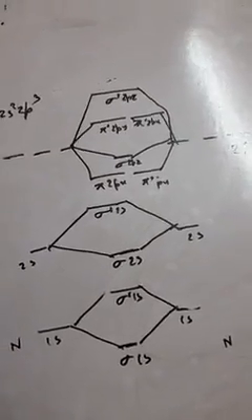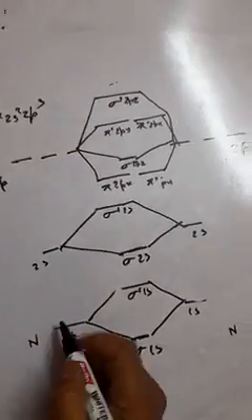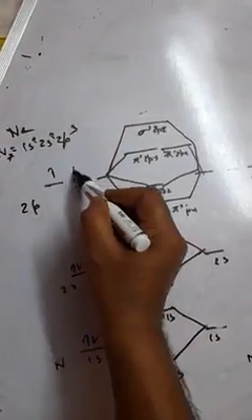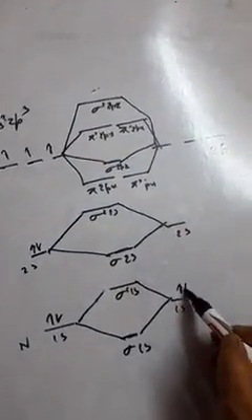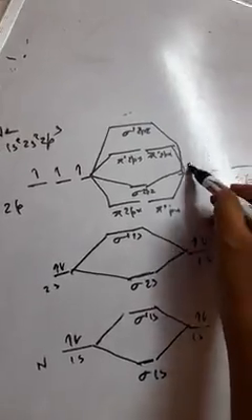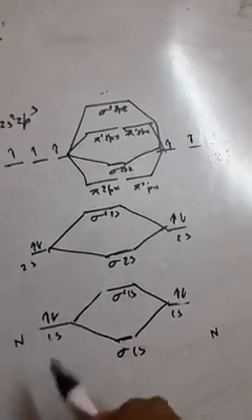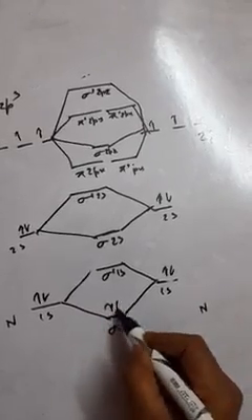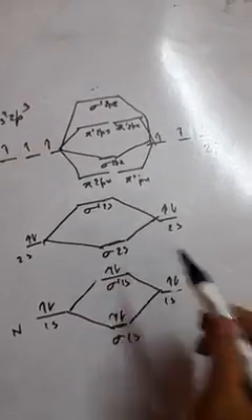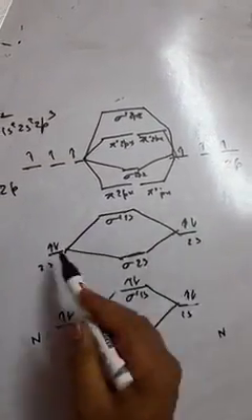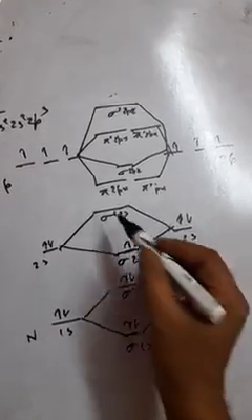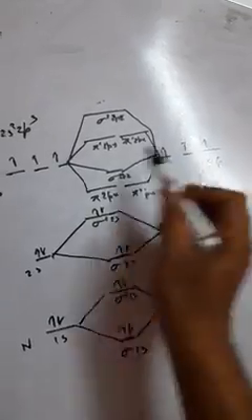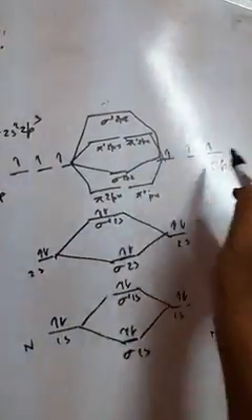Now let us fill up the electrons. Sigma 1s2, sigma 2s2, and 3 unpaired electrons here, and here also 3 unpaired electrons. So in 1s, total 4 electrons, 2 will go to bonding, 2 to antibonding. In 2s, there are 4 electrons, 2 to bonding, 2 to antibonding. In the 2p level, total 6 electrons, 3 on this side, 3 on the other side.